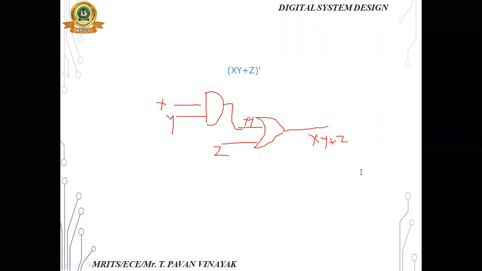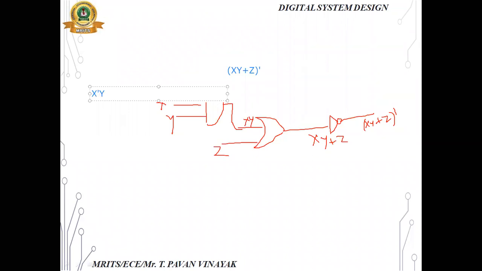This is XY plus Z. If I use an inverter, then the circuit gives XY plus Z whole bar. We get the expression.